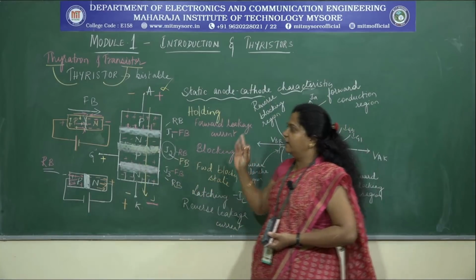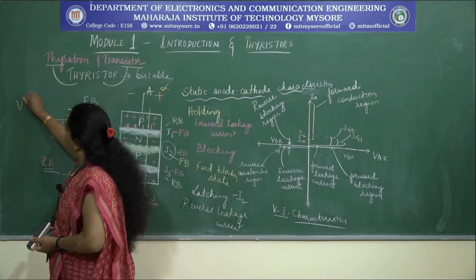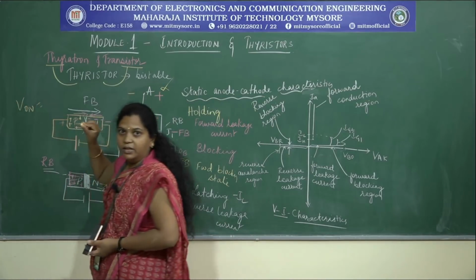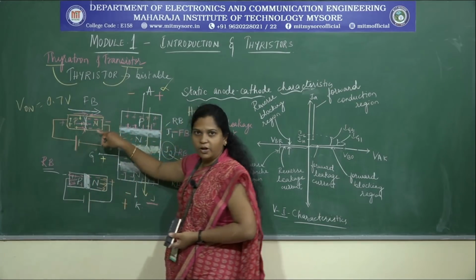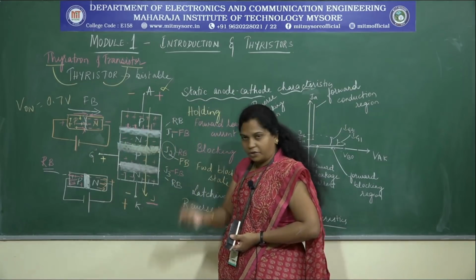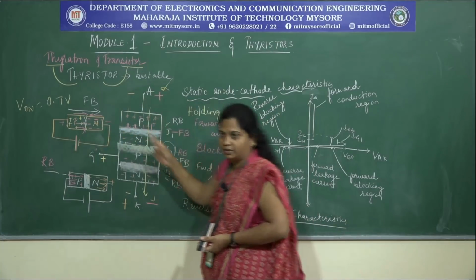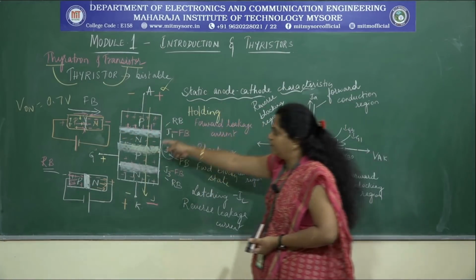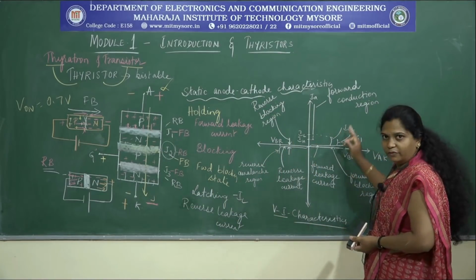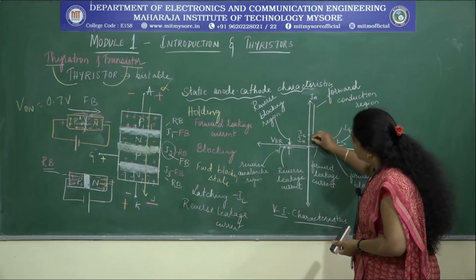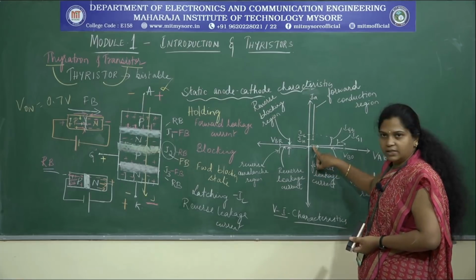We also know that in the case of a diode, there is an on state voltage drop. What is the on state voltage drop of the diode? It is nothing but 0.7 volts. It means when the diode is in the on state, the voltage drops to 0.7 and the current increases because of the flow of electrons. Similarly, in this PN device, the thyristor, when it goes from the off state to the on state, the voltage drops to around 0.7 or 0.8 volts, because it is in the on state.